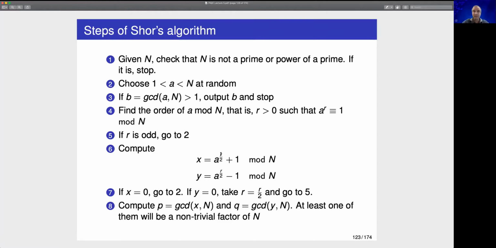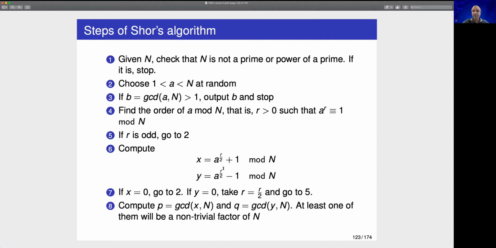Since r is even, I can compute r divided by 2, and I can compute x and y as these remainders here. Now I check whether x is 0 or y is 0. If x is 0, again, we are in a situation in which this value is not good for us, so we need to choose a different a.